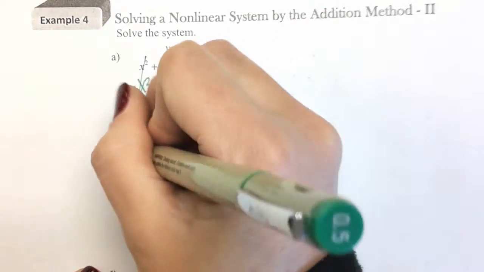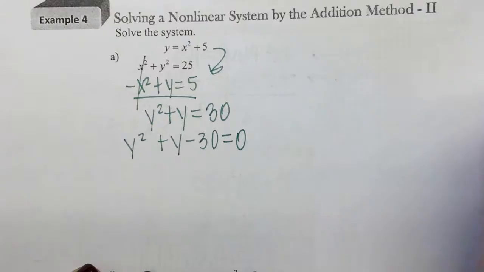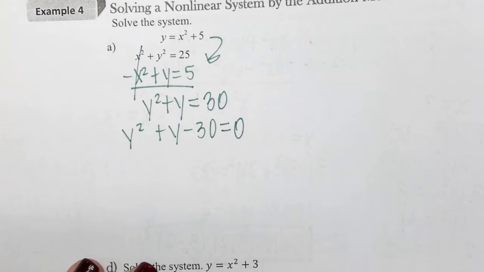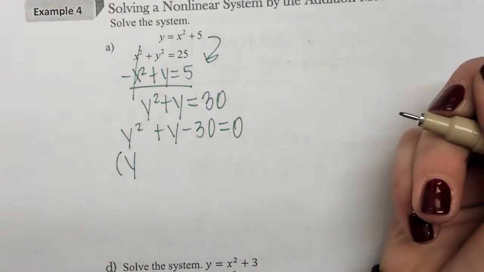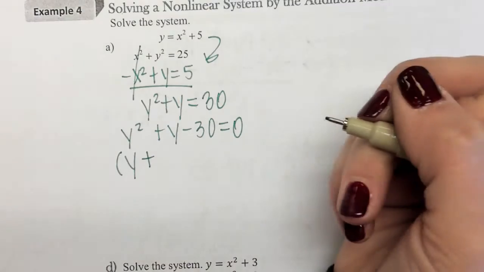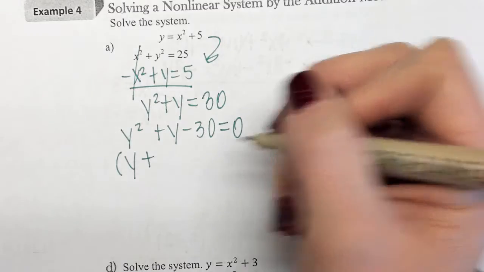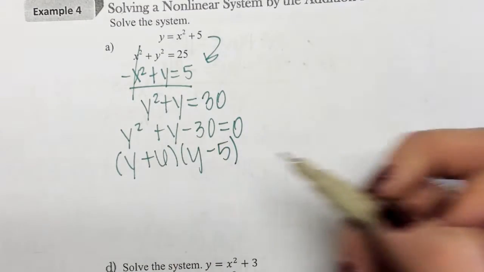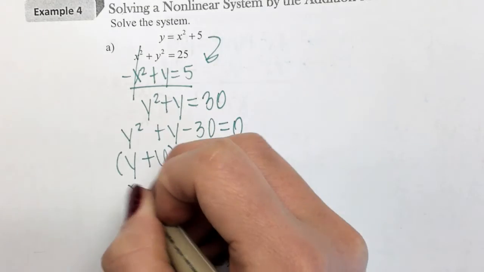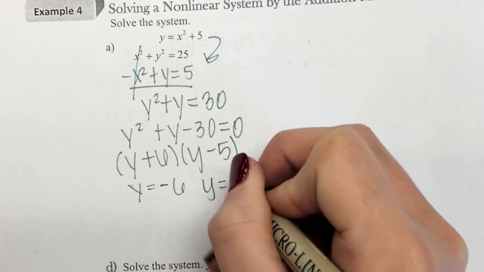Subtract it. Then what? Which is going to be what? One of them's got to be negative. The 5's negative. Good. Because 6 minus 5 is 1, positive 1. So y is 1 and 5. Good.